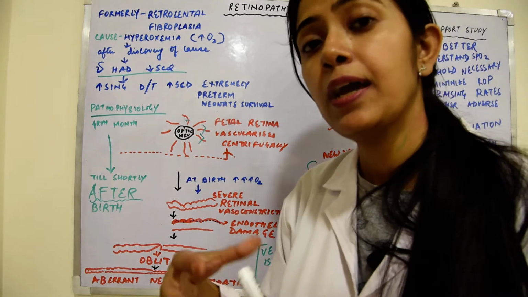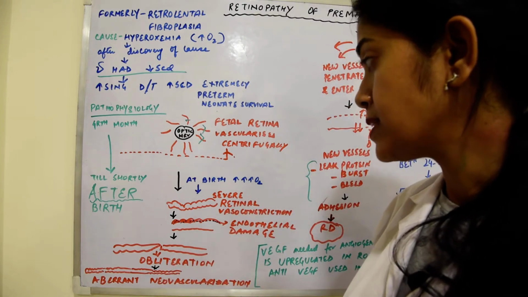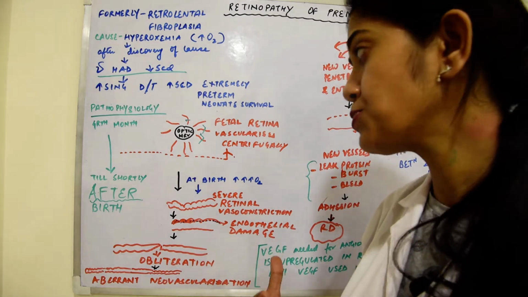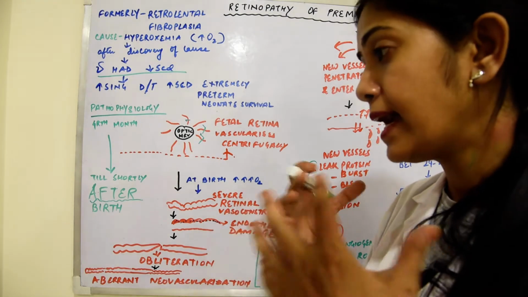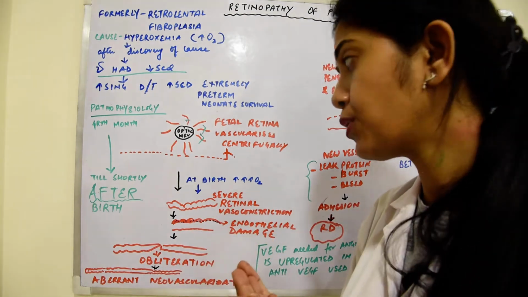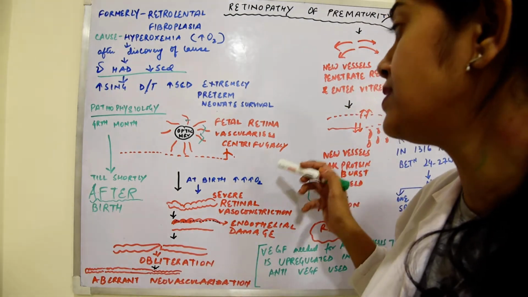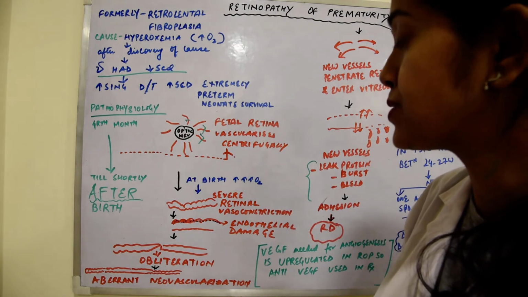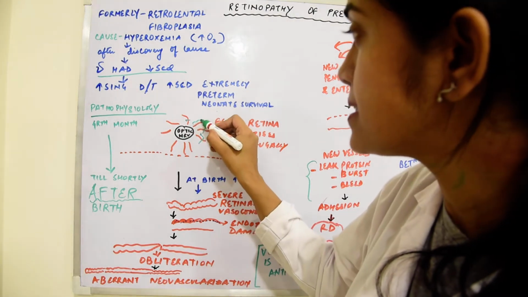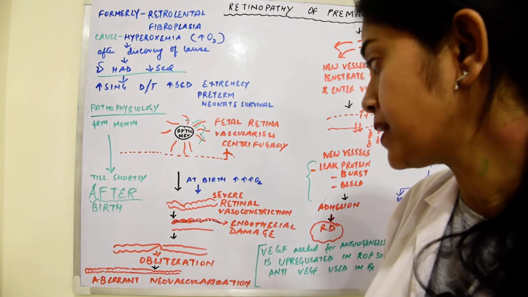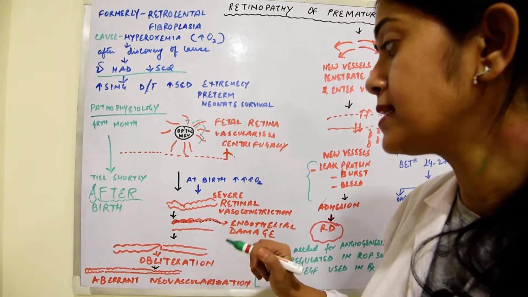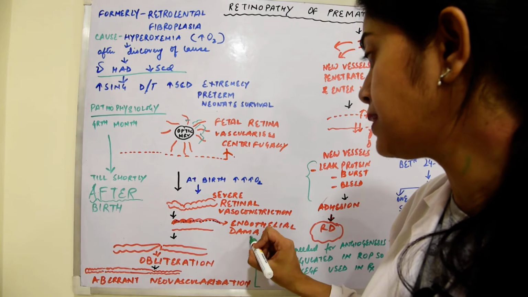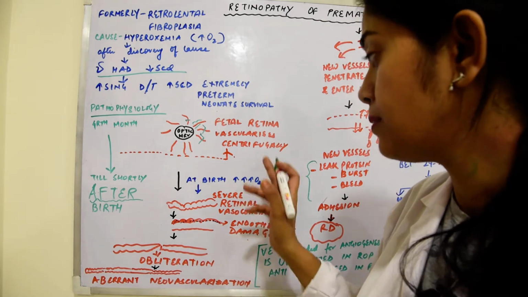Now suppose the preterm neonate is born, and at birth there is too much exposure to oxygen, there is severe retinal vasoconstriction. So these blood vessels tend to constrict, and apart from that there is also endothelial damage to these blood vessels.